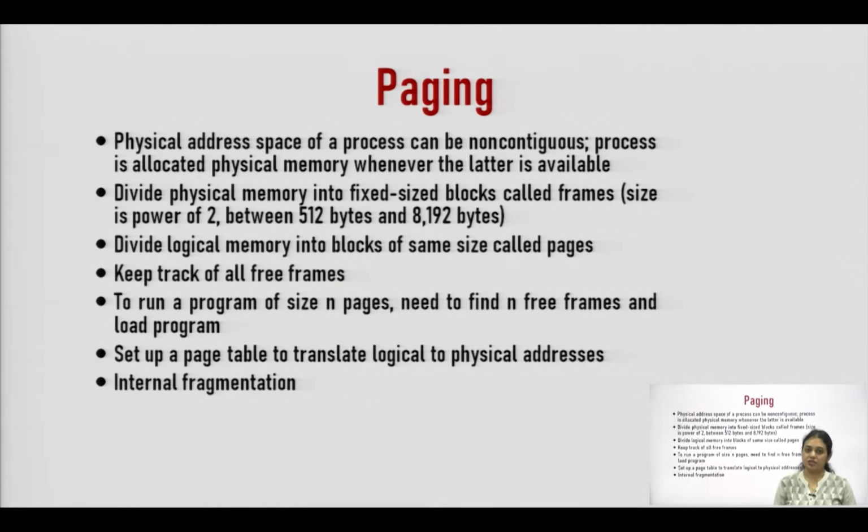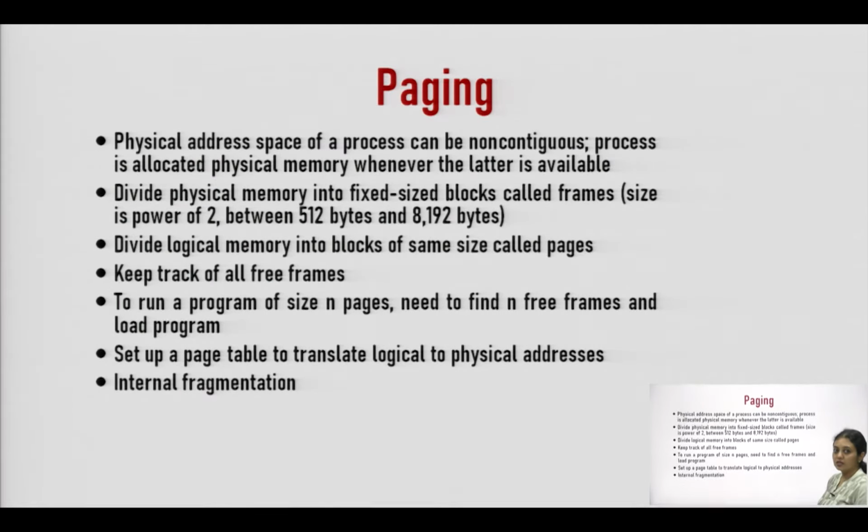Paging is basically used for non-contiguous memory allocation, where it avoids the problem of external fragmentation and also avoids the need for compaction. Now, what we do here, the physical address space of a process can be non-contiguous. The process is allocated physical memory whenever it is available.